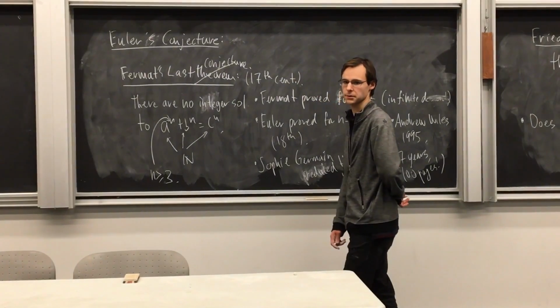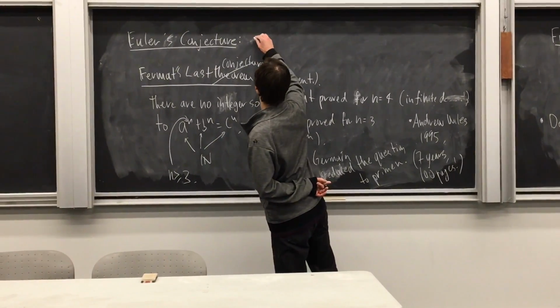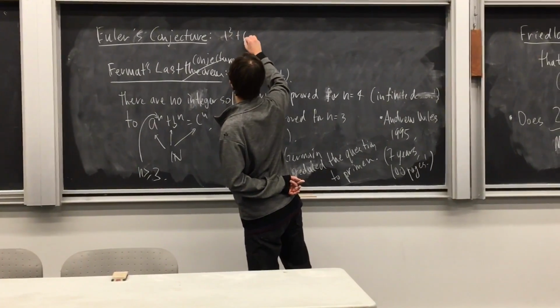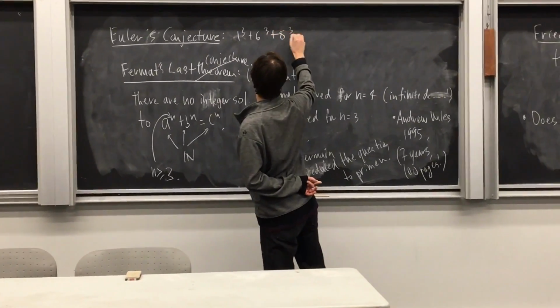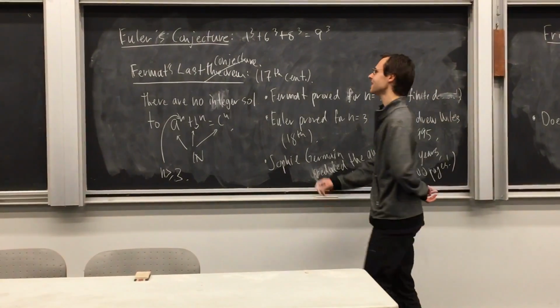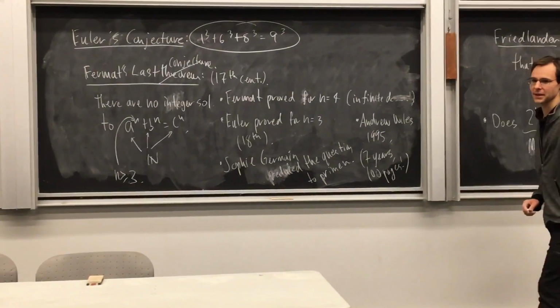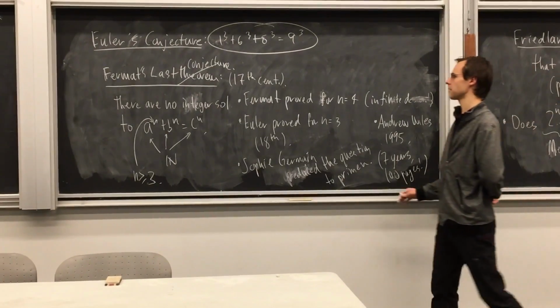And it turns out that that's true. You can find 3 powers of 3 which add up, and I think the example is 1 cubed plus 6 cubed plus 8 cubed. I think that that's 9 cubed. Anyone here with a calculator can check that. But anyway, correct me if I'm wrong. This is true. So we can have 3 powers of 3 adding up to a power of 3.